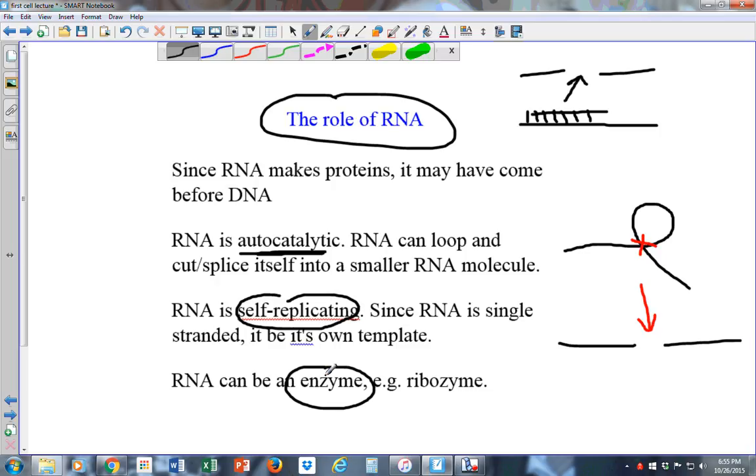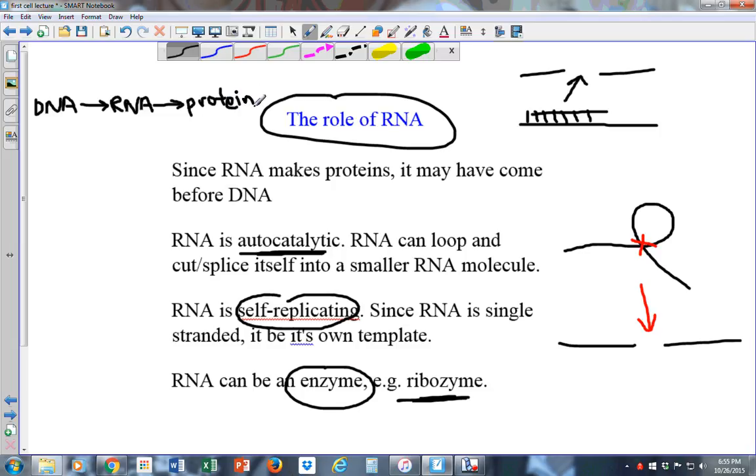Now, typically, we always thought that enzymes were proteins, but RNA can be its own enzyme, and we call it a ribozyme. Now, why is this really important? Here's the way we always thought things worked. DNA, which is in the nucleus of the cell, right, is then transcribed, made into RNA in the nucleolus, and then RNA leaves the nucleus and goes out to the ER, and then it is translated into proteins, right? That's the way we always thought things happen, right?